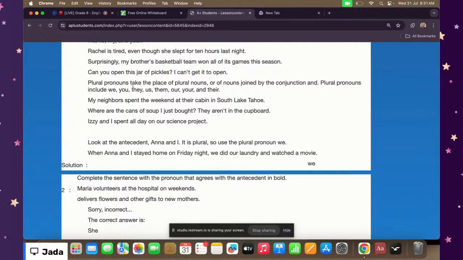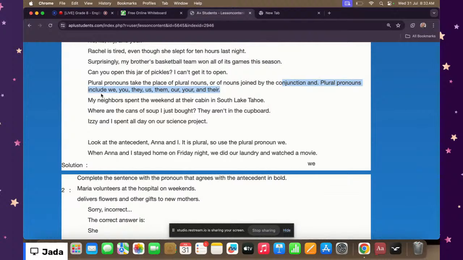Plural pronouns take the place of plural nouns, or of nouns joined by the conjunction and. Plural will go to plural. Plural pronouns include we, you, they, us, them, our, your, and their.